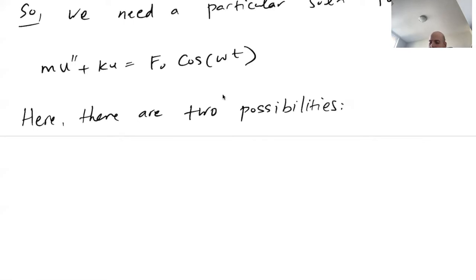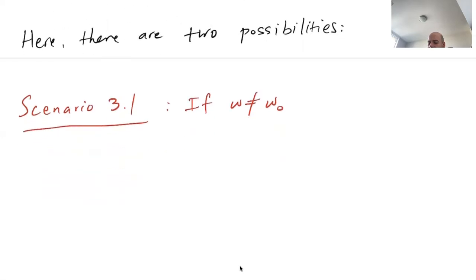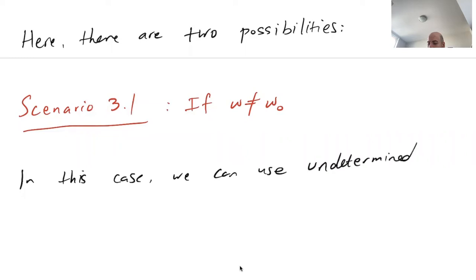Scenario 3.1: if omega is different from omega naught, then in this case we can use the undetermined coefficient method.